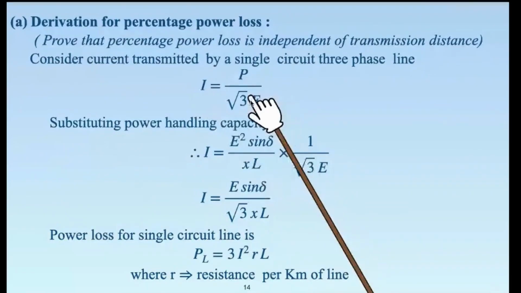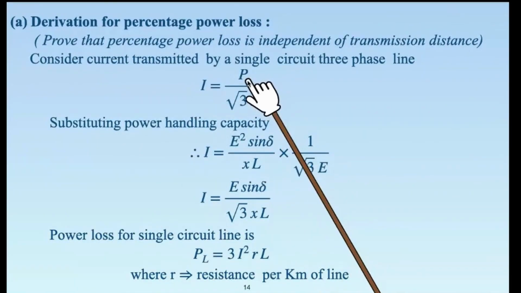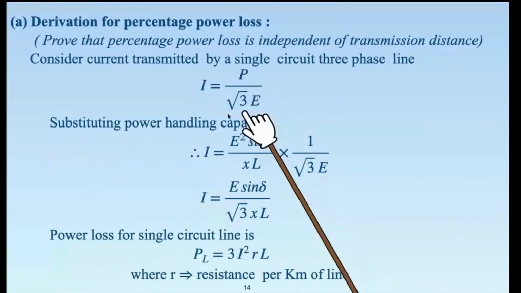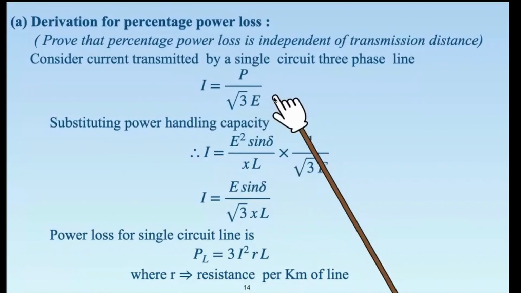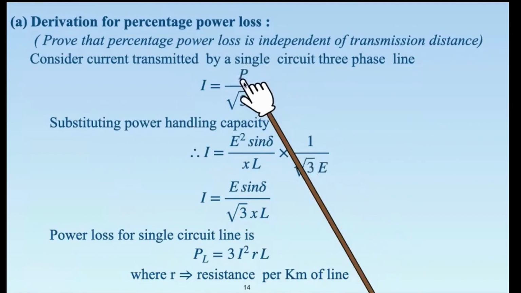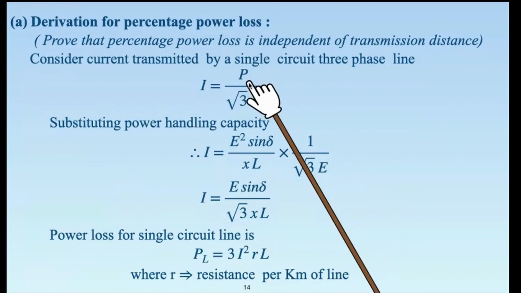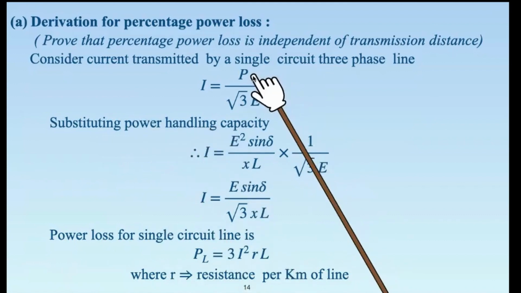Here, of course, the notations are I and E instead of VL and IL, and this is the power that can be carried by the transmission line. So I is equal to P by √3 E, with all line currents and line voltages. We know the power handling capacity, which we derived in the earlier section, and we substitute it in the numerator.